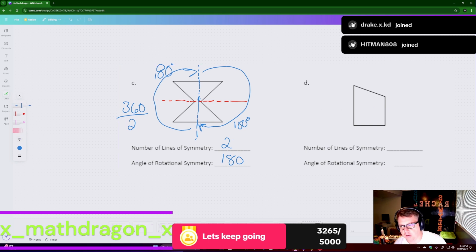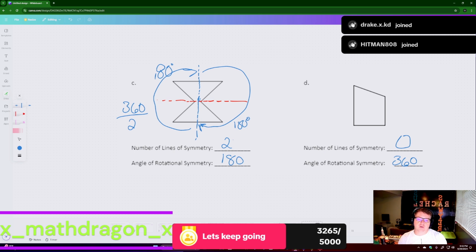Can we take a diagonal approach? I don't think this triangle down here looks the same as that triangle. So this is the case where you will have 0 lines of symmetry, and it's not necessarily rotational symmetry, but if we were to spin it all the way around, we would get back here.